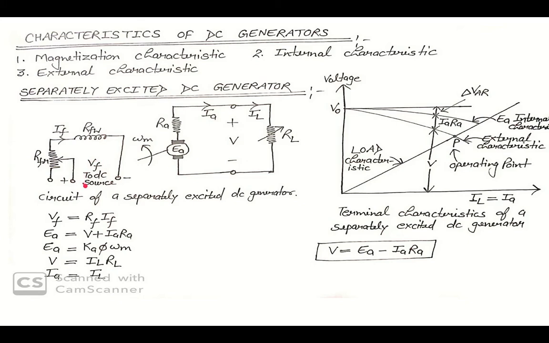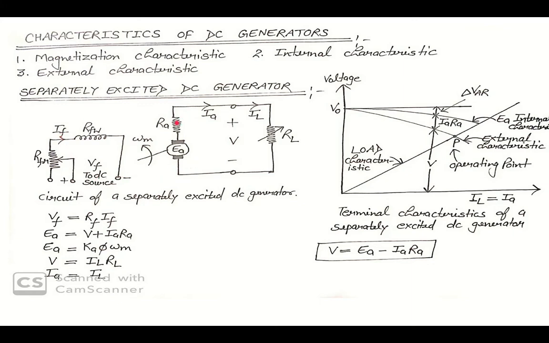This is the DC supply, known as the field voltage. RFR is the resistance of the field rheostat, which controls the field current.